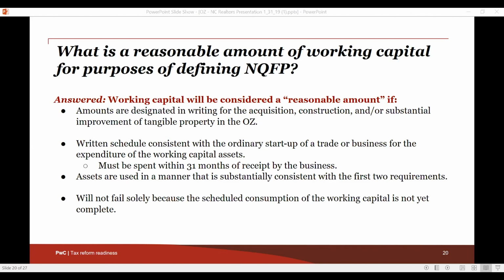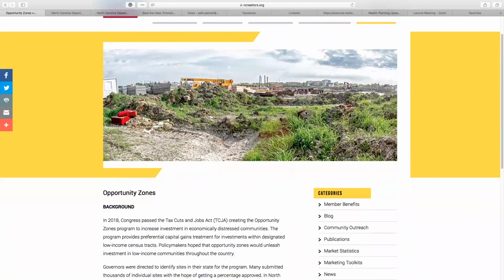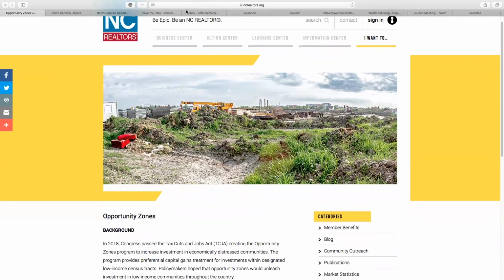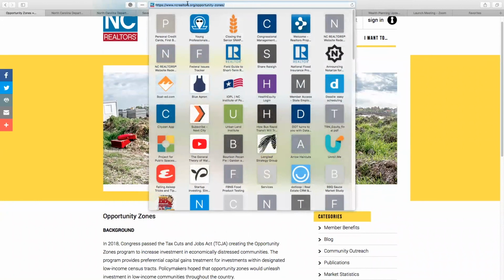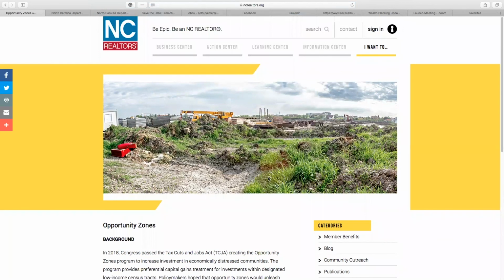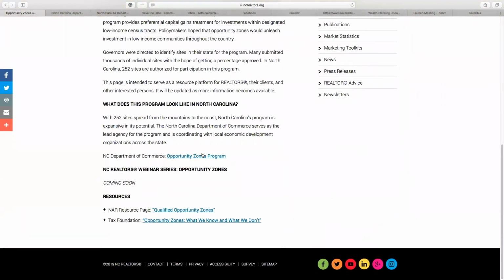One of the things I wanted to call everyone's attention to, in addition to the slides and the recording of this webinar, NC Realtors has created a new page on our website that looks at opportunity zones and provides as much information as we have available at this time. So you should be seeing a shared screen of ncrealtors.org/opportunity-zone, which is our new portal, which lists a lot of this information.